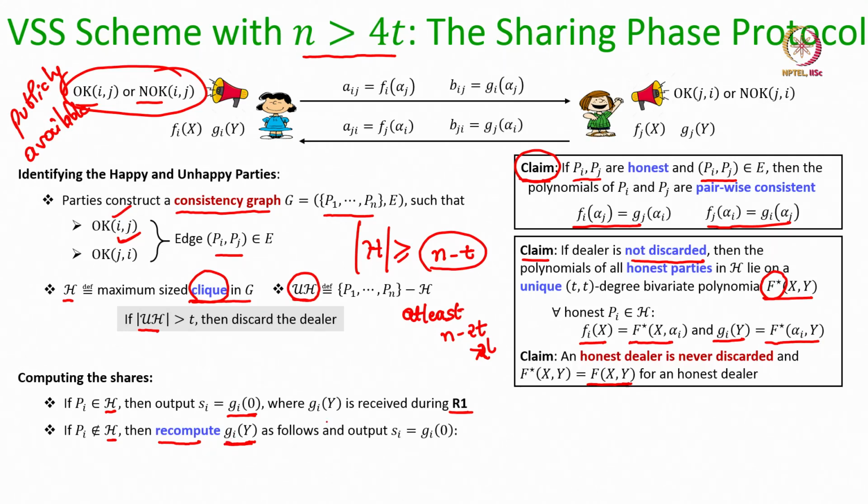And once it computes the new g_i(y) polynomial, it takes the constant term of that polynomial as its share. So, now let us see how this new g_i(y) polynomial, or the new column polynomial, is computed.